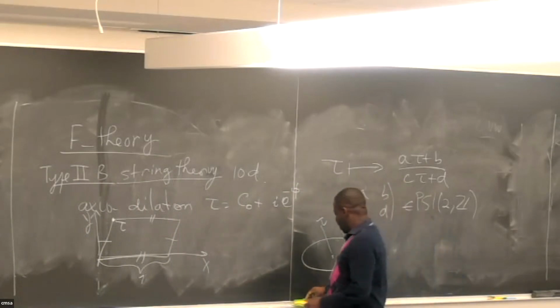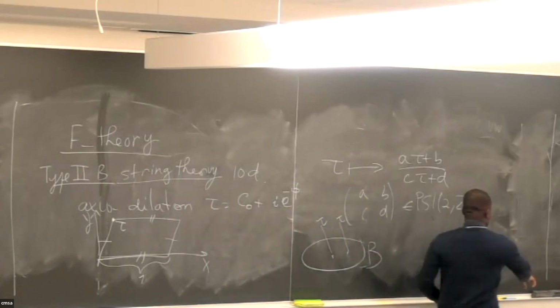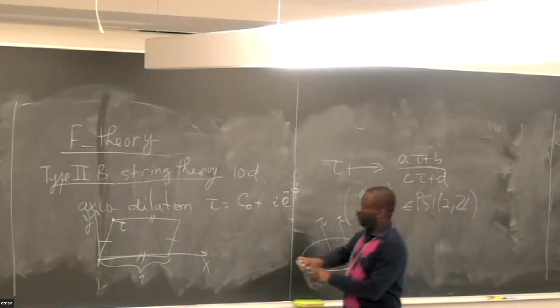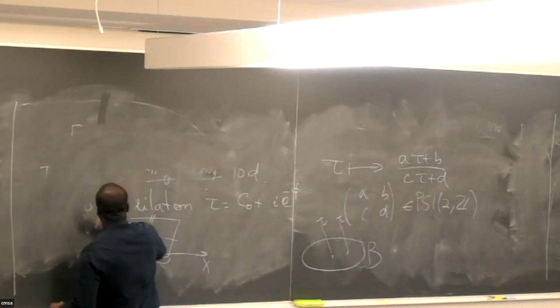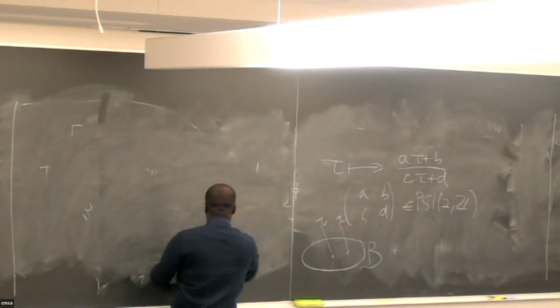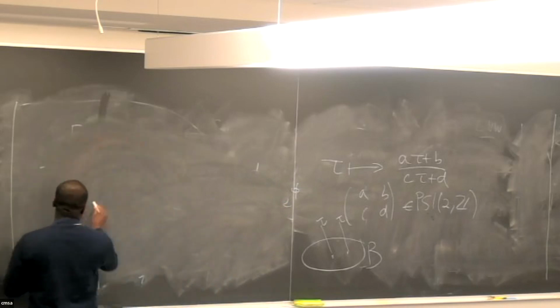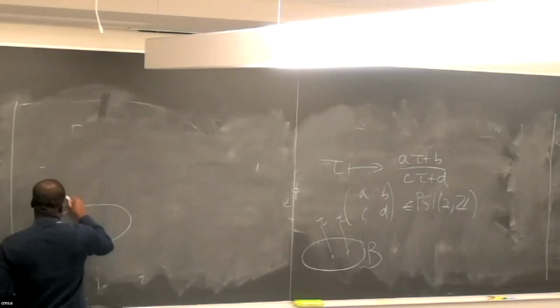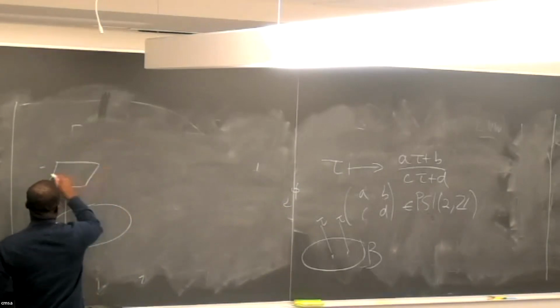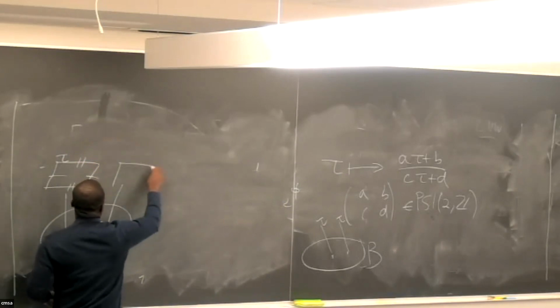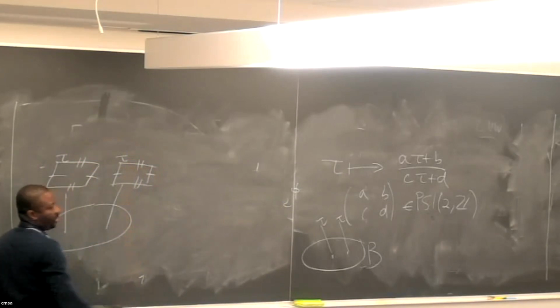Geometrically, instead of just giving the field tau, you first think of it as, for every point, defining some torus that will tell us what tau is.